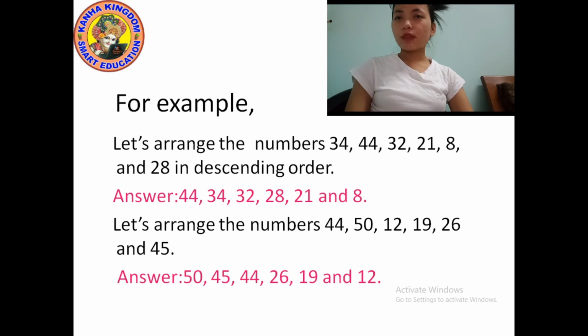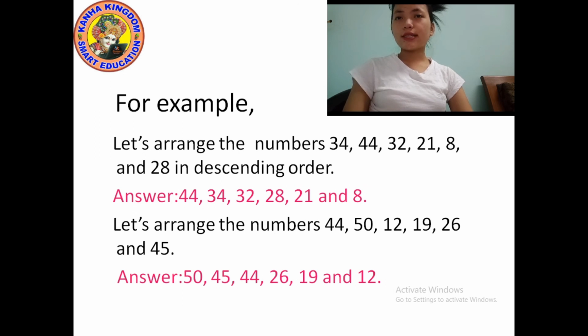So 50. And which number is the second biggest? Which numbers are remaining? 50 is already written, so 44, 12, 19, 26 and 45 remain. Obviously 45, because 45 comes just after 44.